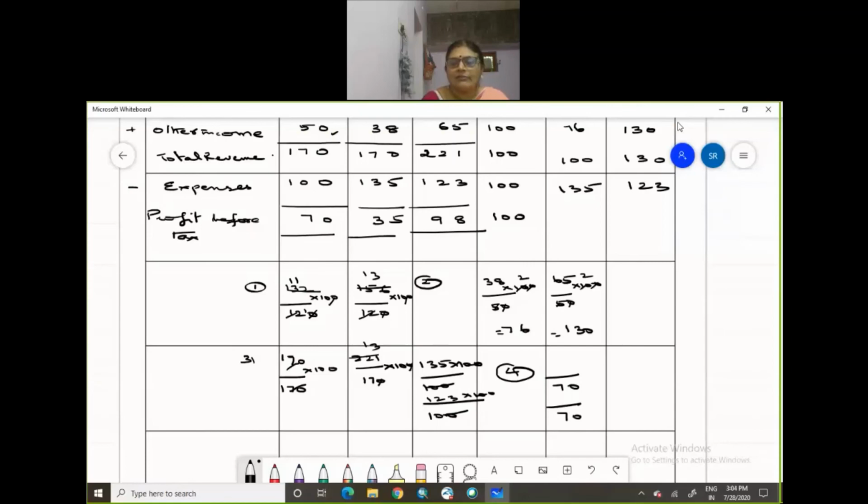So 35 into 100, and then 98 into 100. The zero gets cancelled, 7 fives are 35, so 50. Next 98: the zeros get cancelled, 7 will go here once, 7 fours are 28, so 140. This is the trend percentage.